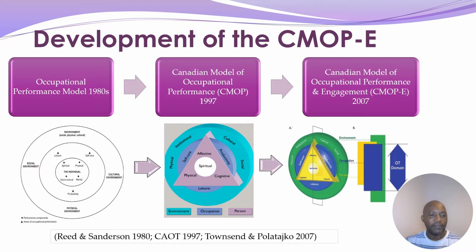The individual was considered to have four aspects: spiritual, physical, socio-cultural, and mental. The second circle was around occupation, looking at leisure, self-care, and productivity. And the outer circle was the environment.